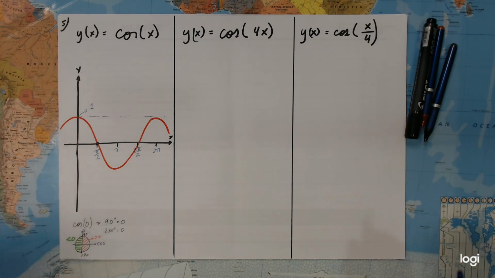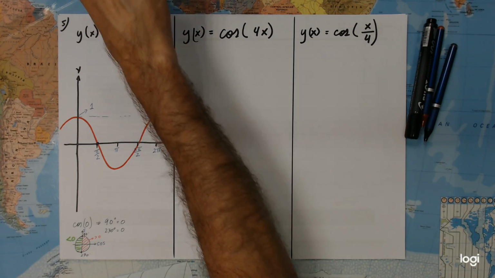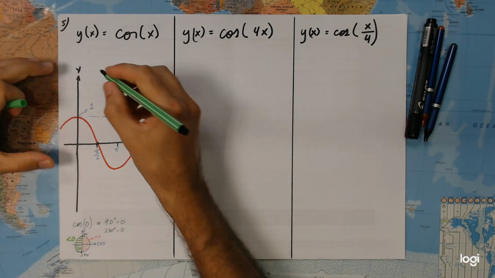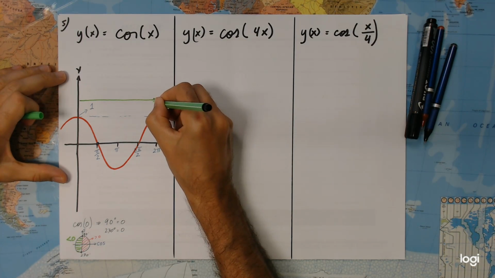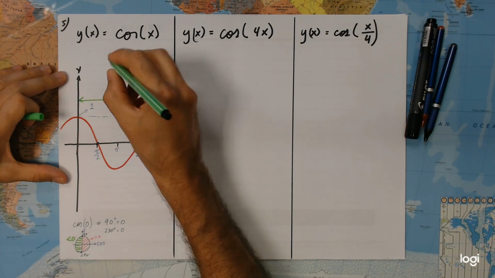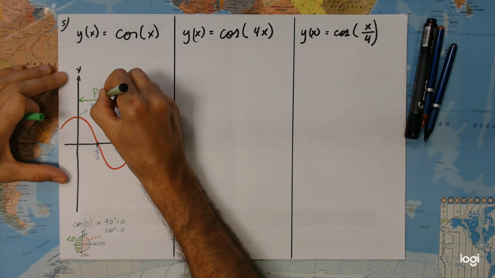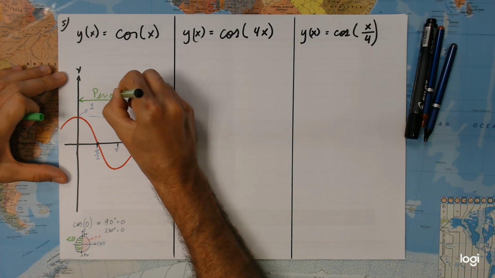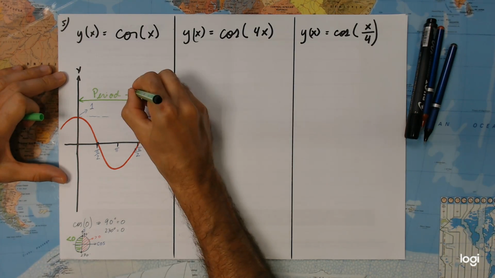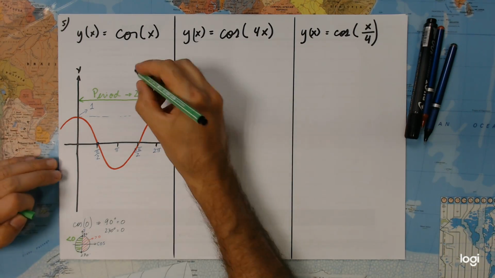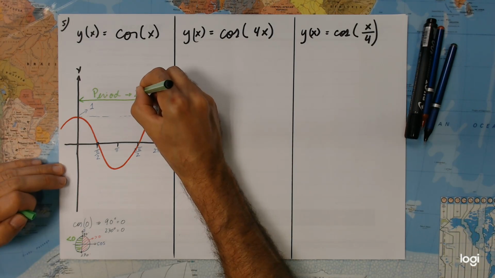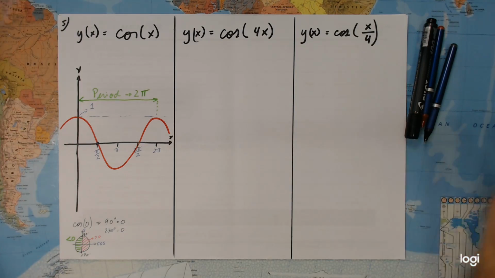And something important that we also have to acknowledge: from peak to peak, this is the period, and the period is just 2 pi. That's it for our cosine. This is the basic structure of the cosine.